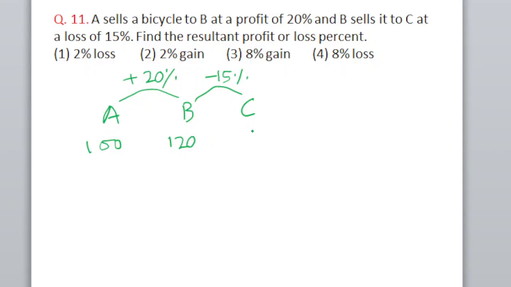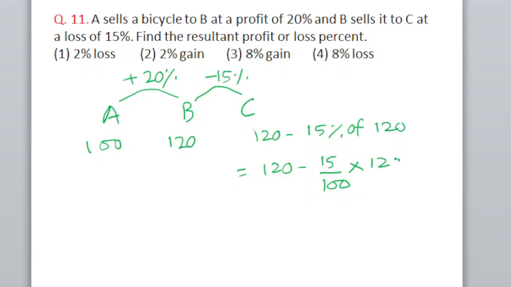And again it is sold to C at a loss of 15%, that means here it will be 120 minus 15% of 120, so that is equal to 120 minus 15 by 100 into 120.